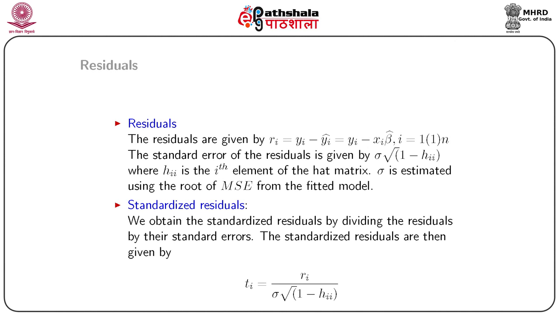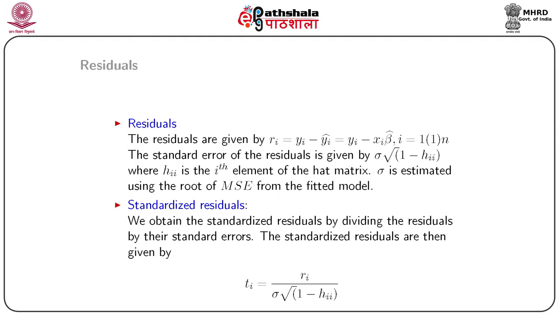Now, the residuals that we can obtain after fitting this model are given by Ri equals yi minus yi hat, where yi is the actual response and yi hat is the estimated response. We can also write the residuals as Ri equals yi minus xi beta hat, where beta hat is the vector of estimated regression coefficients.